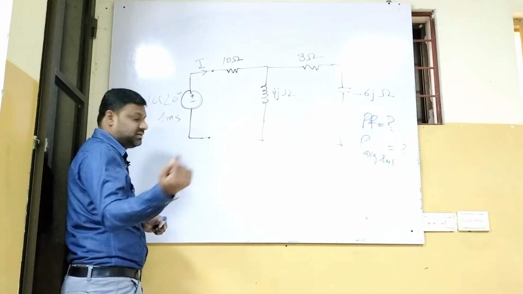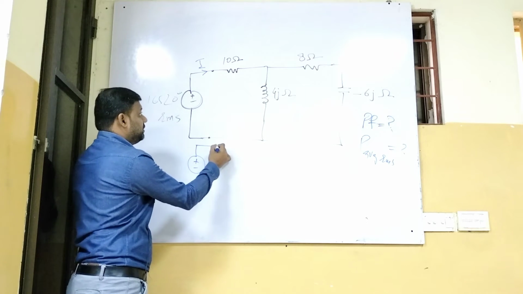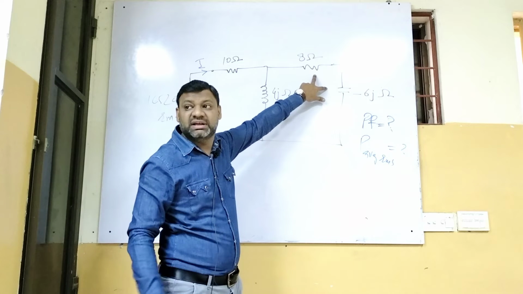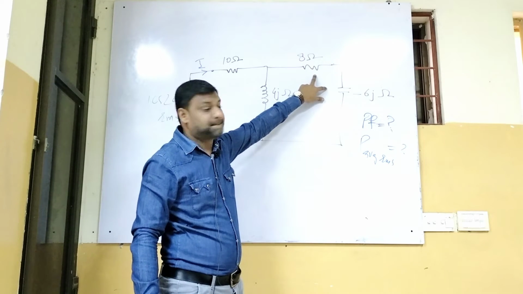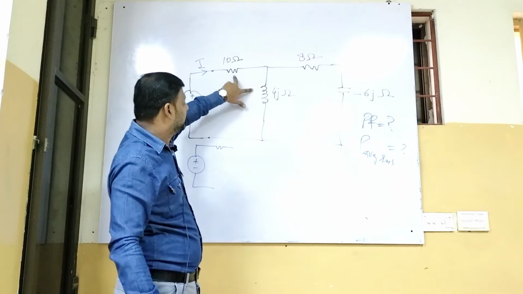First, we will add 8 and -6. Okay, good. These are 8 minus 6 ohm. That goes in parallel with 4J, very good, we will solve it. Then in series with 10.